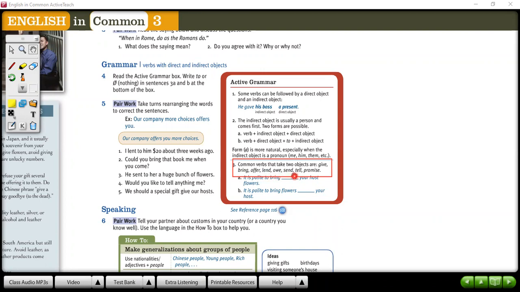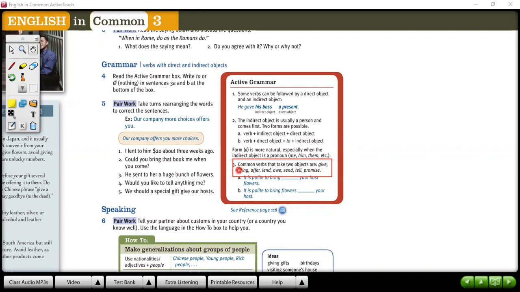Common verbs that take two objects are guide, bring, offer, lend, promise.